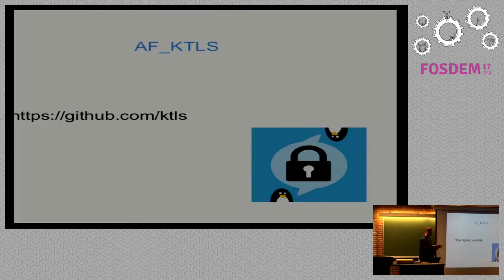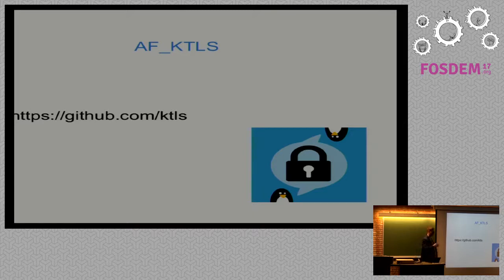Once you instantiate the session properly, you have all the keys and you pass the key material to AFK TLS. You can use the record layer just to send and receive data, and you get unencrypted data in user space. The only issue here is when, for example, your opponent wants to negotiate new keys, then the kernel has to have some way to tell user space, hey, I have to negotiate new keys.